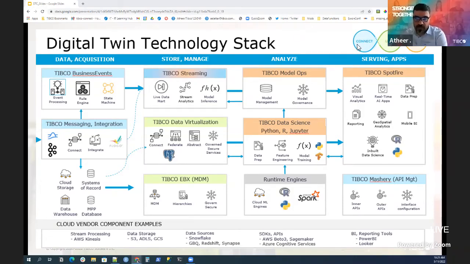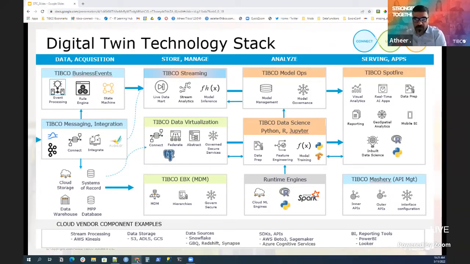The connect layer is the entry point of the data to the ecosystem, where we get all the data from all the different data sources. We have streaming, we have data at rest, we have data coming from the cloud, from data warehouses, and maybe any real-time data or transformation. Everything in this layer can be done using the connect products.